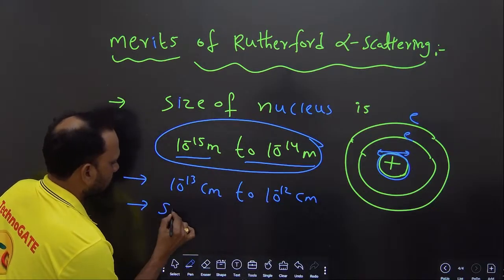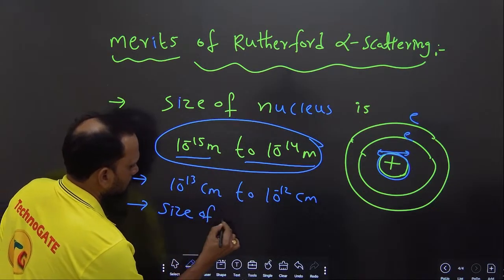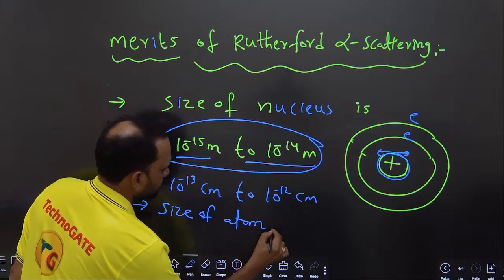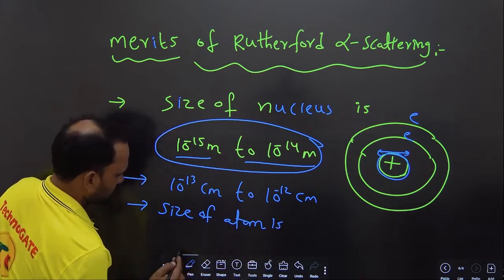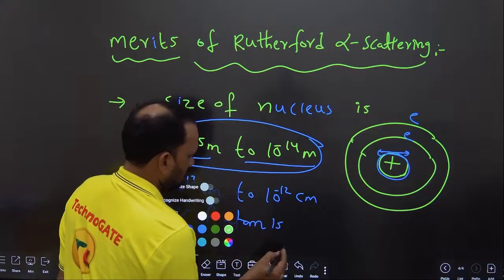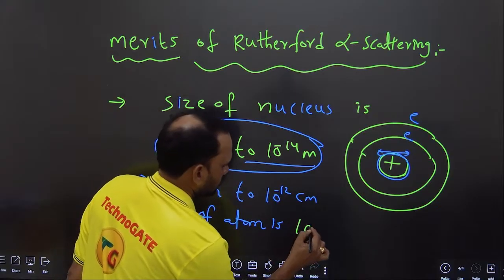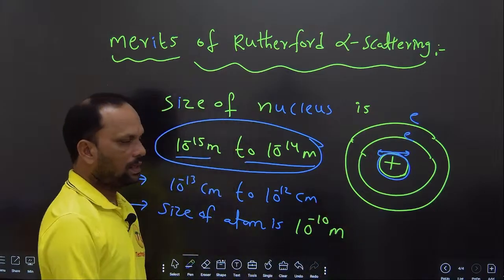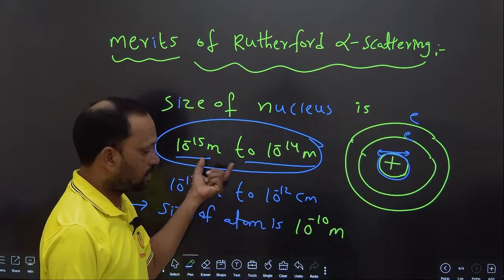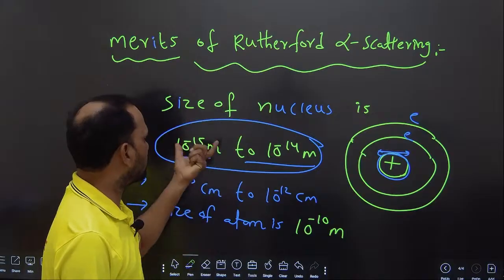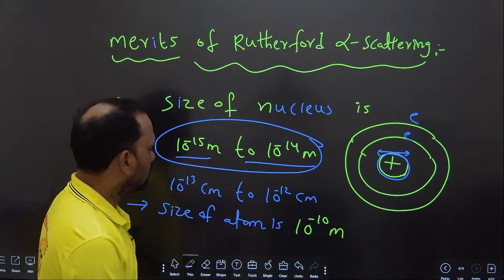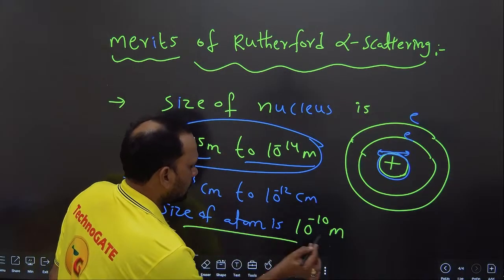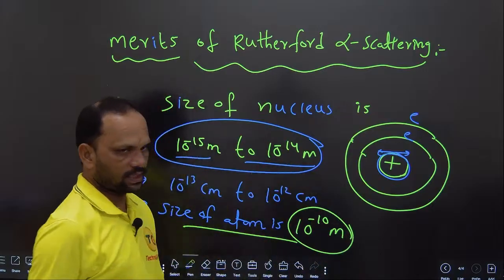The size of the atom is 10 power minus 10 meters.